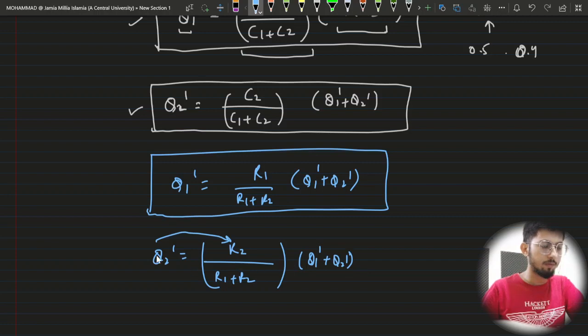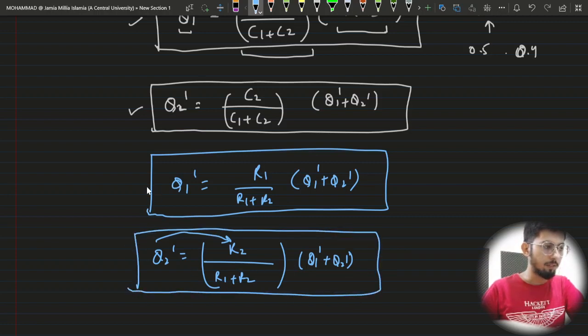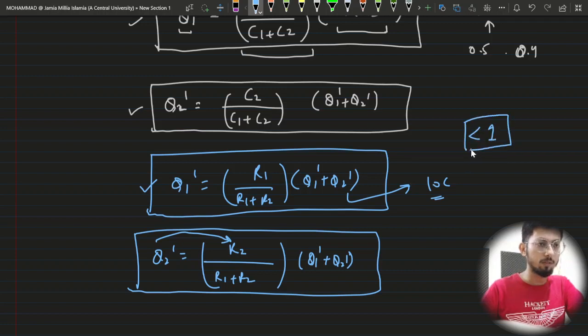But this one tells us the ratio. It will tell you the absolute value when multiplied with the total charge, like 10 coulomb times this fraction, which will always be less than 1. It can be 0.2, 0.3, 0.5, 0.9, whatever, depending on whether R1 is greater or R2 is greater.